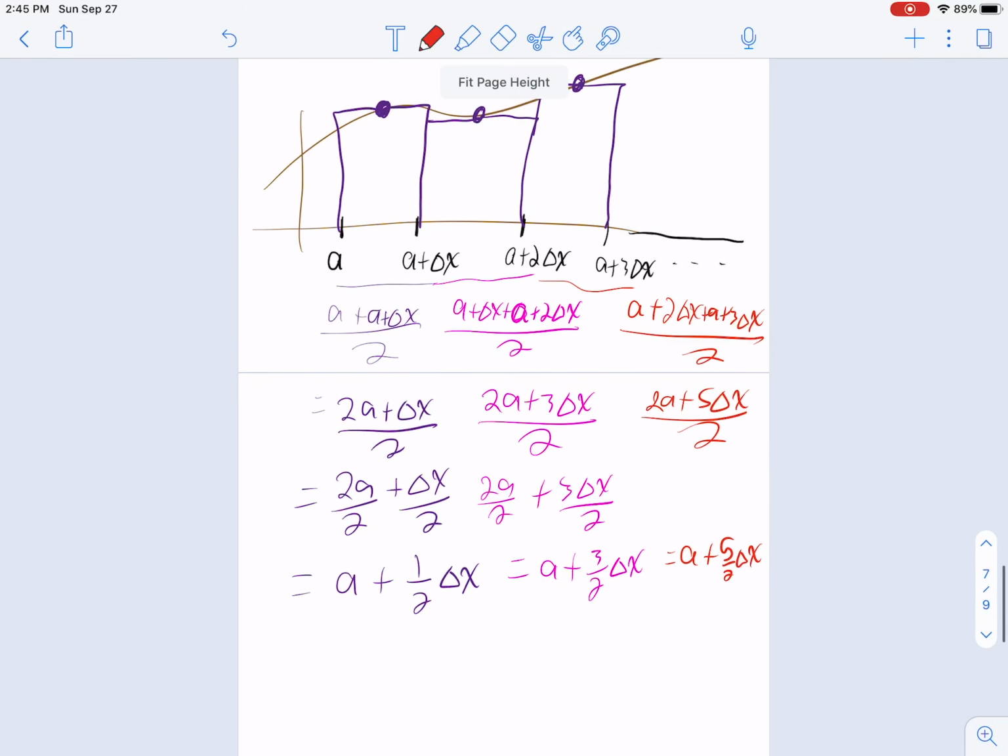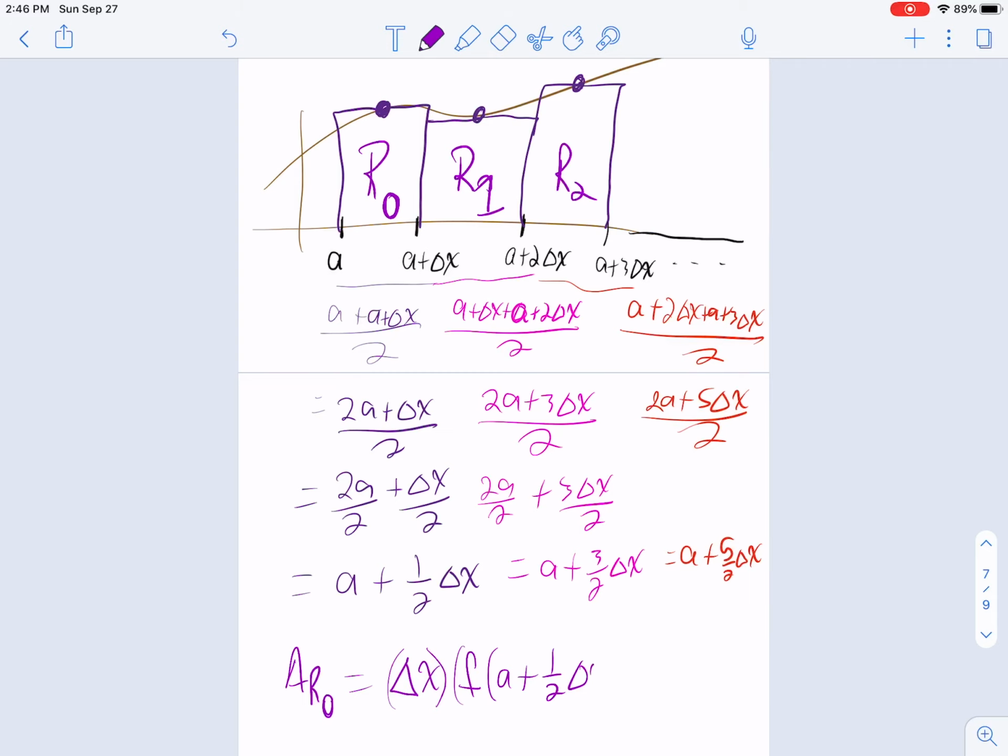But let's think about the areas here. If I call this rectangle 0, and again, we want to start with 0, we found that out before, then rectangle 1, rectangle 2. Area of rectangle 0: the width is still delta x, and the height is going to be f of A plus 1/2 delta x.